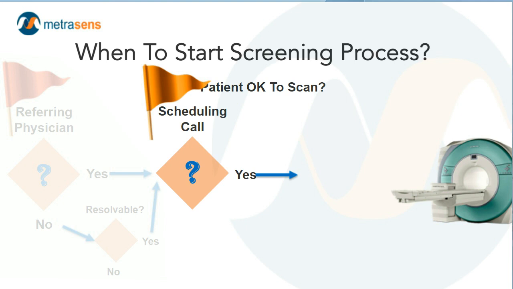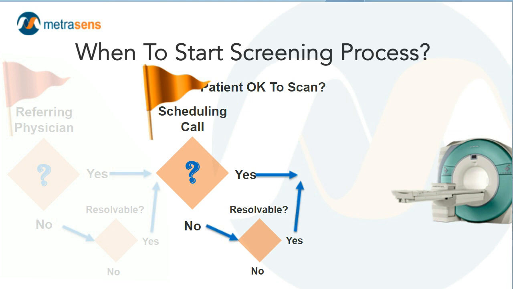And at the scheduling call as well, we may be able to identify, no, we're not sure that that's okay. How do we resolve this question? Maybe it's an MR conditional implant or device or a piece of shrapnel, whatever it is. We might have a second resolution step to try and figure out, do we have the information? Can we get the information? Do we know that it's safe to proceed, or at least that the variables are ones that can be effectively addressed on the day of the appointment?